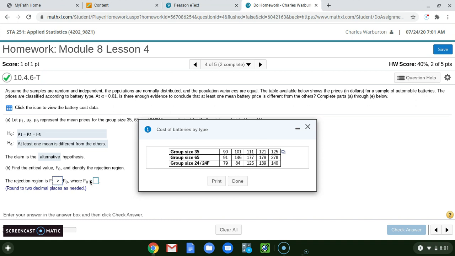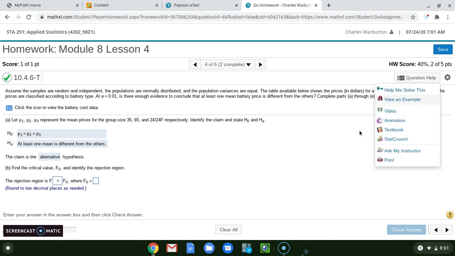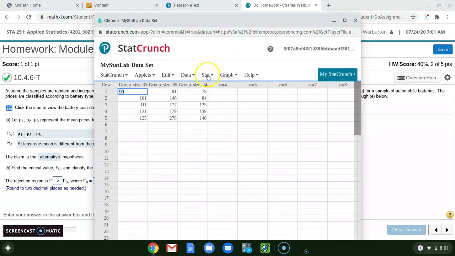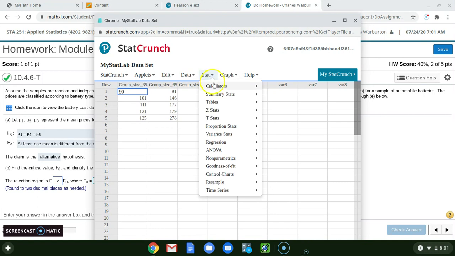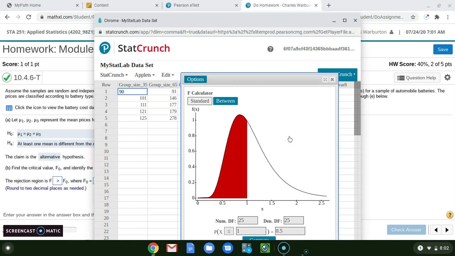So where is this critical value? The critical value comes from our degrees of freedom, and with F statistics, we have to go to our F calculator, which is in StatCrunch. Here's StatCrunch. If you go to Calculators and down to the F calculator, you can find where that critical value is.